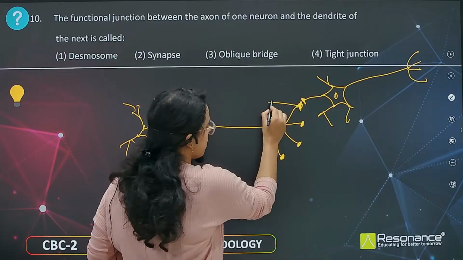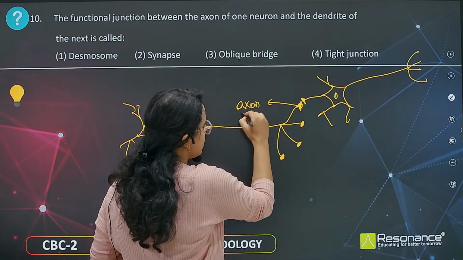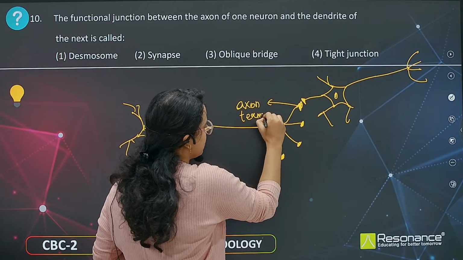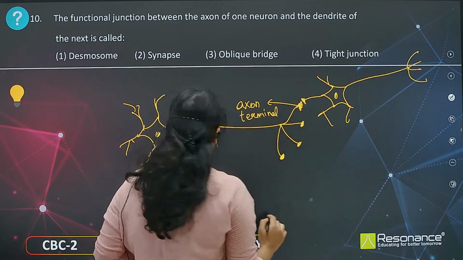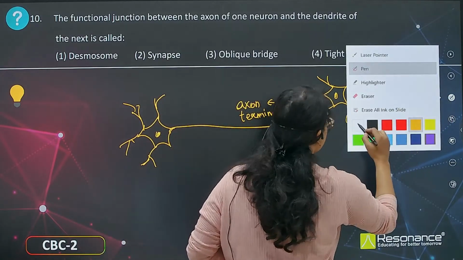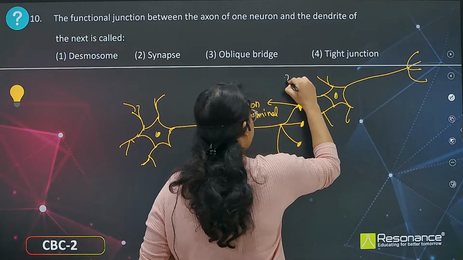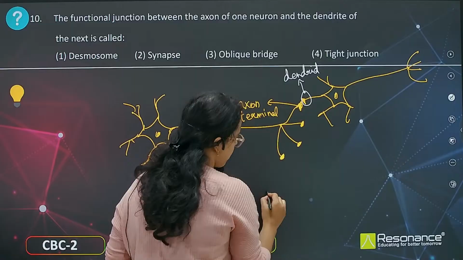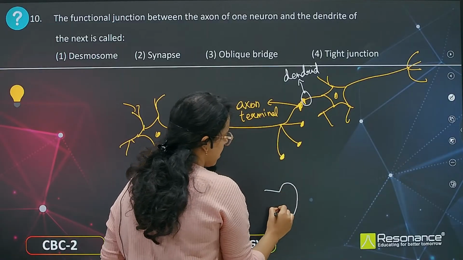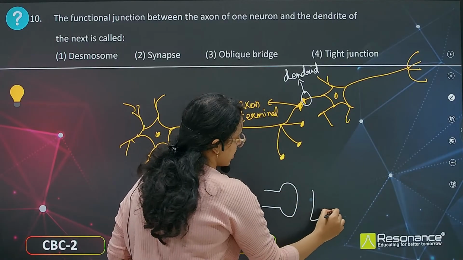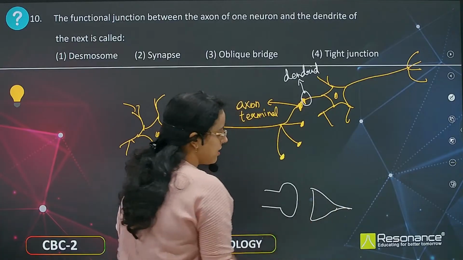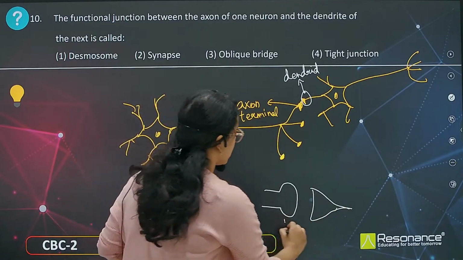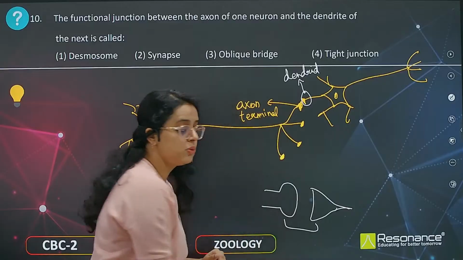This is the axon part, the axon terminal, and this part, let me highlight it in white, is the dendrite. Here the junction is formed. This type of junction, formed between two neurons, is called a synaptic junction.